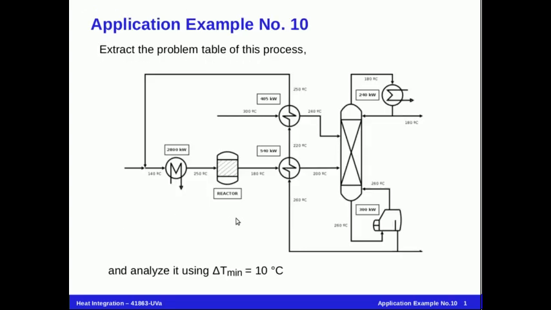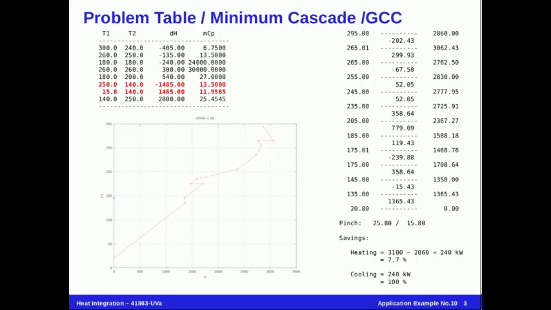And for the cooling, we have just the condenser that is 240 kilowatts. Now we have the complete problem table with the mixing streams, the hot and the cold mixing streams. Then we can apply the problem table algorithm and build the grand composite curve.